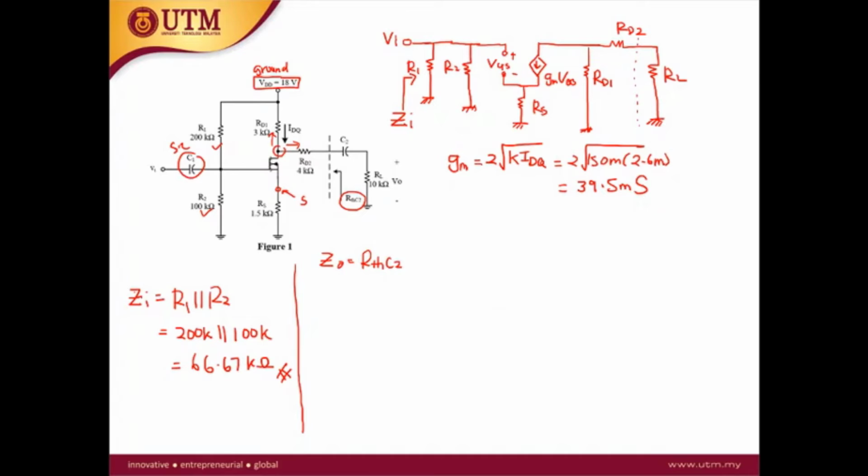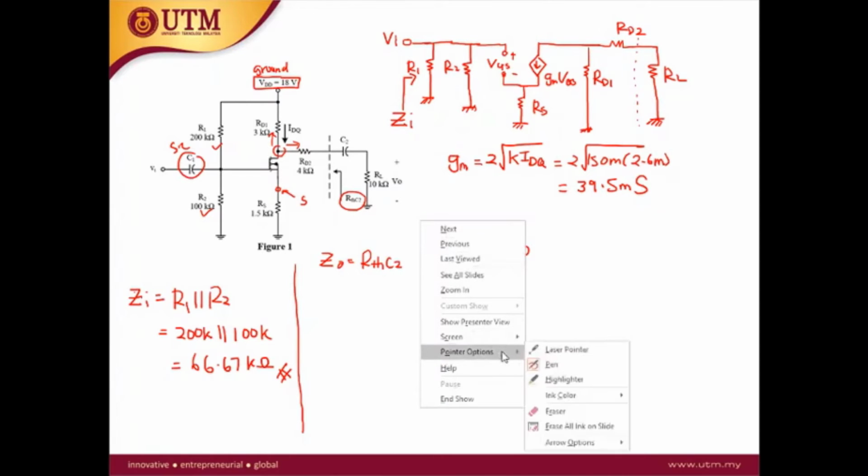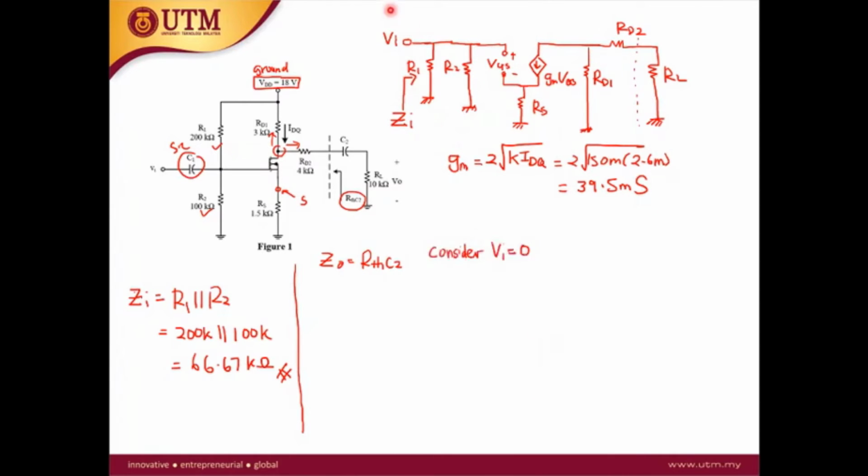So how are we going to calculate this one? Make sure that you are aware that when we want to calculate the output impedance, we need to consider the input Vi is equal to 0. When you consider Vi is equal to 0, what will happen to the circuit?